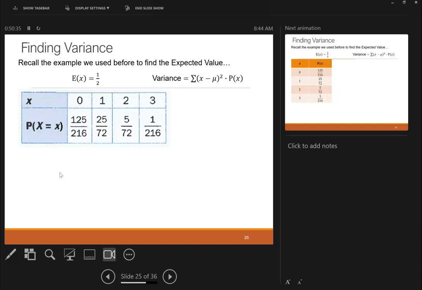So like x minus mean, squared, times probability of x. Great. Does that feel okay?